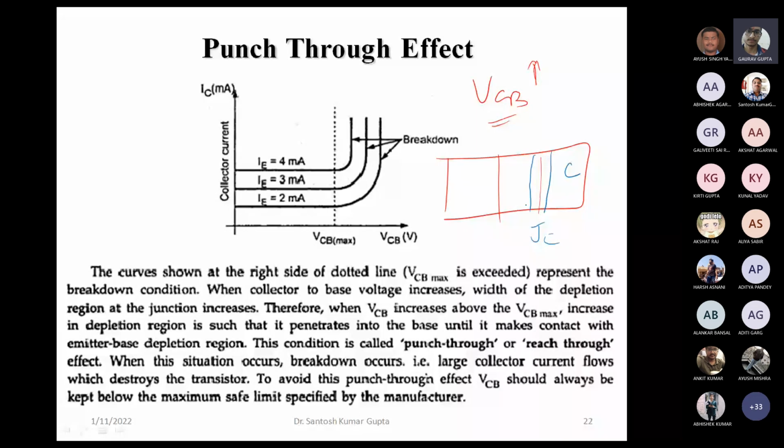As one increases VCB, there may be only a little increase in the depletion region inside the collector as compared to what happens in the base.